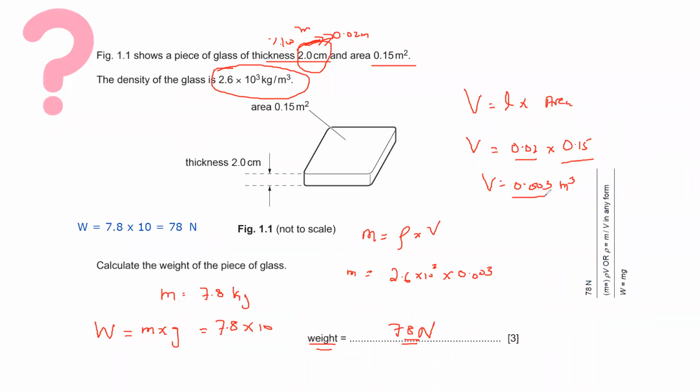When we multiply, we get 0.003 meter cube as the volume. When we multiply density and volume, we get the mass. So 2.6 exponent 3 multiplied by 0.003 gives the mass. After getting the mass, multiplied by gravity, which is 10, you will get the weight, which is 78 newtons. Is it clear now, Abdullah?